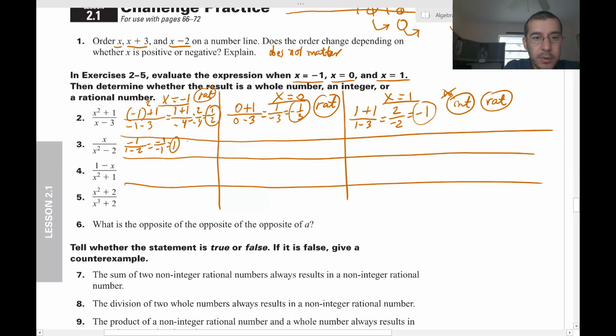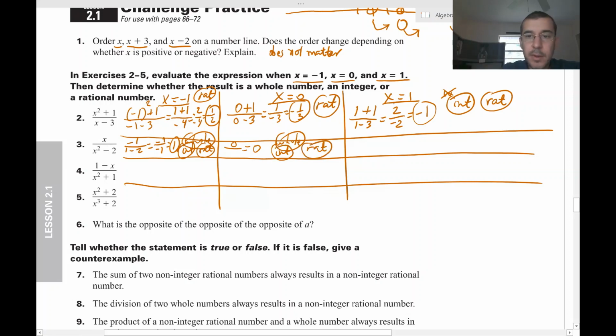So is this a whole number? Yes. Is this an integer? Yes. Is this a rational number? Yes. Okay. When x is 0, we have 0 over, and 0 over any number is 0, right? So this is a whole number. It is an integer, and it's a rational number.